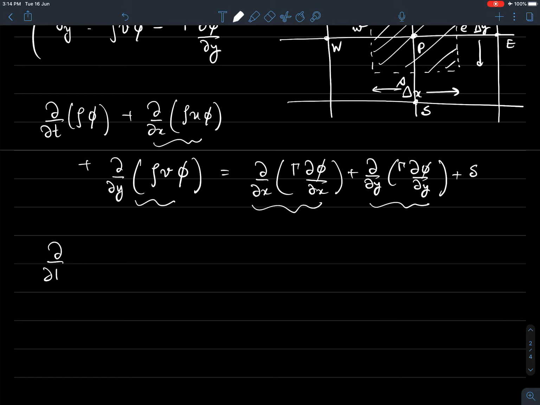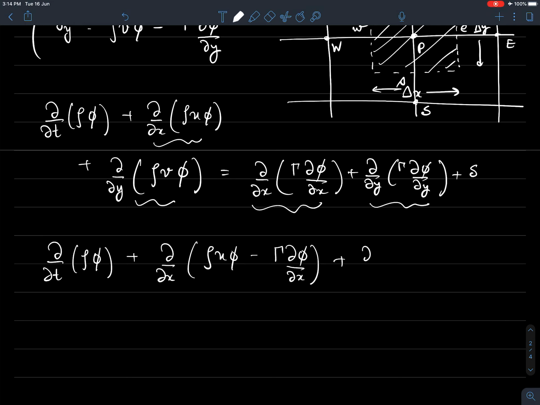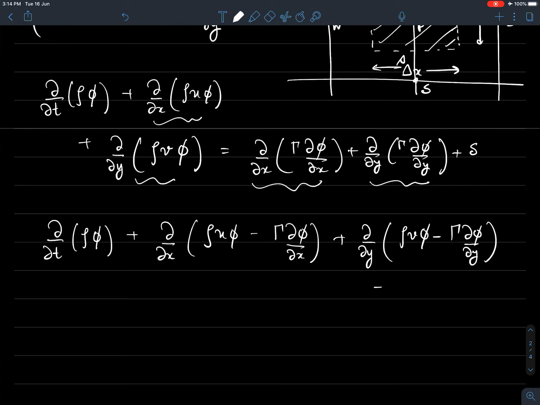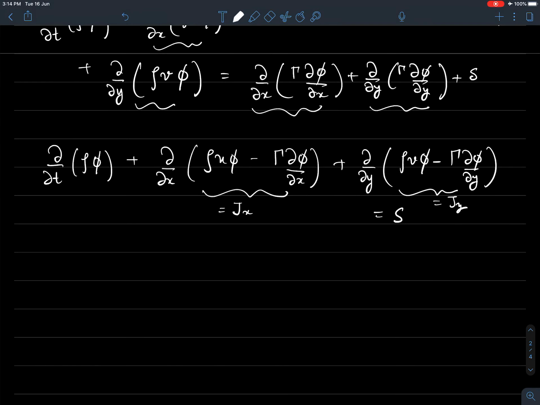I can write this as d by dt of rho phi plus d by dx of rho u phi minus gamma d phi dx plus d by dy of rho v phi minus gamma d phi dy to be S. Now I can replace these by Jx and Jy, and so we have d by dt of rho phi plus d by dx of Jx plus d by dy of Jy is S.